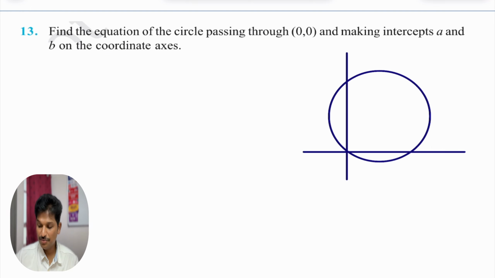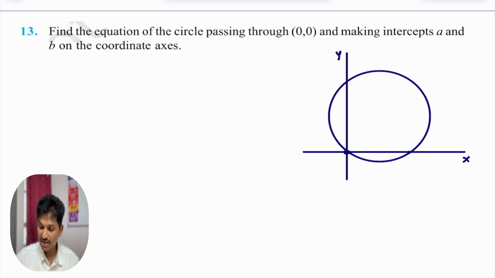That means you observe this is the length. This is the length of the intercept made by the circle on x-axis. This is x-intercept. This intercept is A and this intercept is B, right? I hope you are understanding. As the circle passes through origin, obviously, this length is A, so this point will be A comma 0.